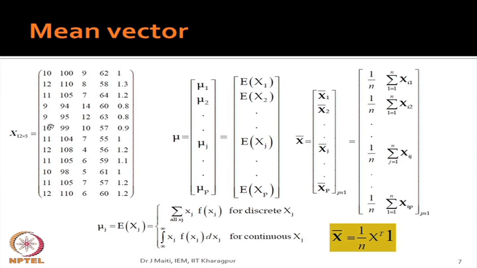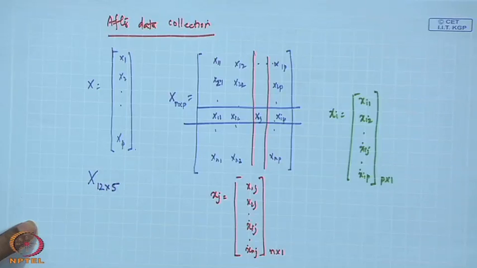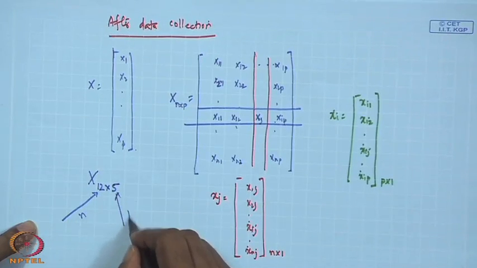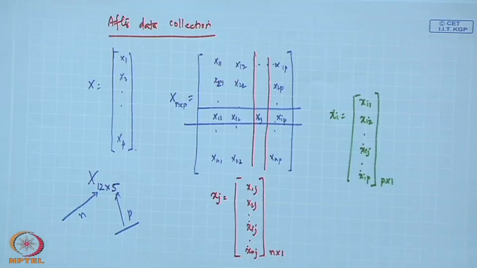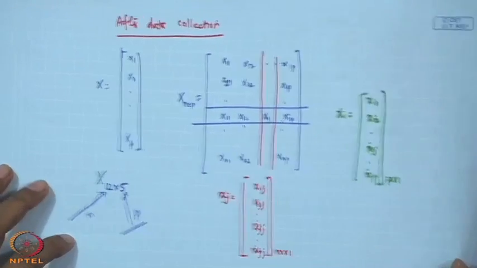So, the left hand side matrix, the data matrix, is X, 12 cross 5, where 12 stands for n and this stands for p. Okay. Anyhow, now we will just find out.